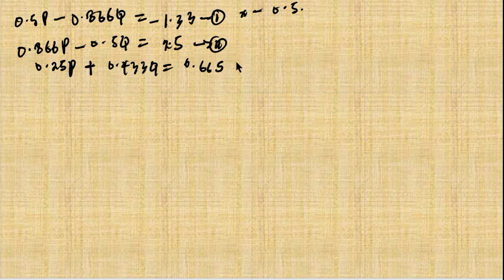Here from equation 1, I have 0.665. Then I'll multiply equation 2 by 0.866.